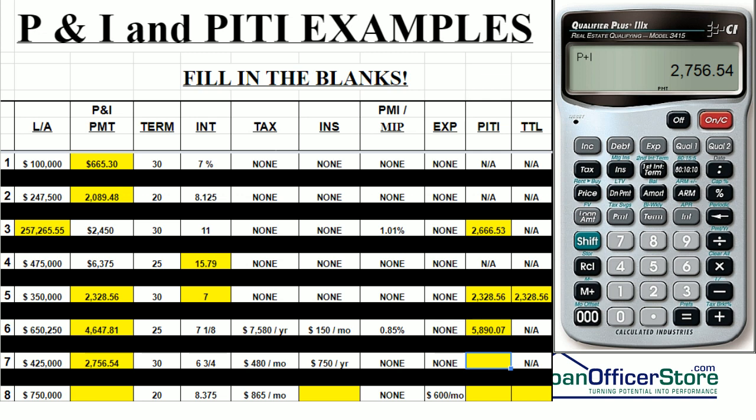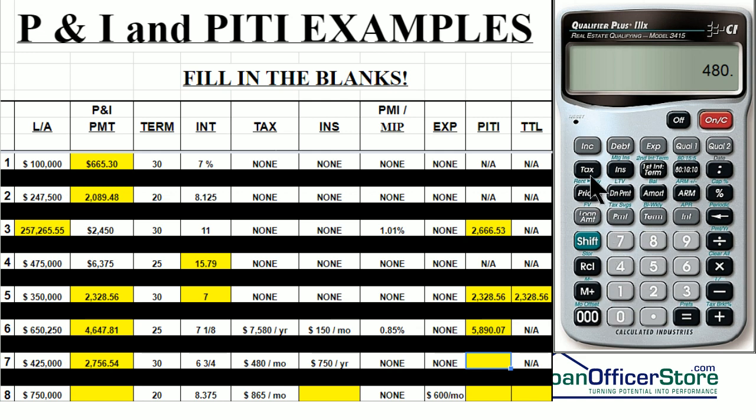All right, so we're going to look at the rest of this example here. We have $480 a month for the taxes. And remember, if we're going to do monthly on this calculator, we're going to put the 480 in. But remember, it's $480 a month for taxes.